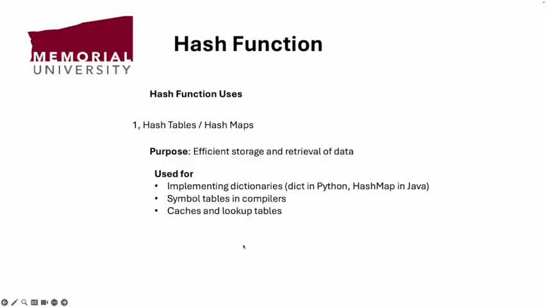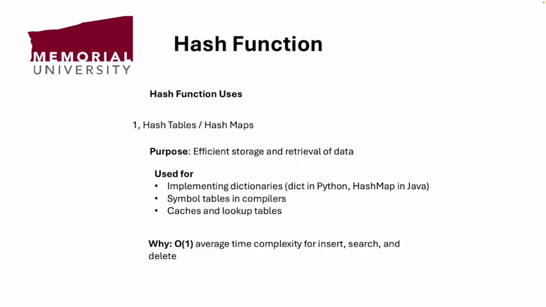Also cache and lookup tables. The purpose of a cache is to temporarily store data and fetch and reuse it right away, so the hash table matches its purpose. Why? Because it gives constant complexity, Big O of 1, so it's extremely fast.